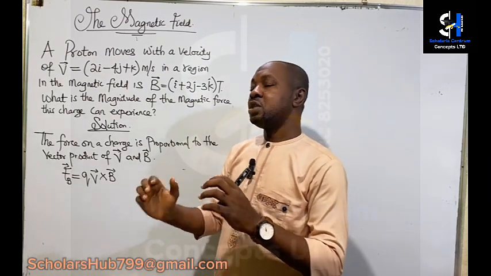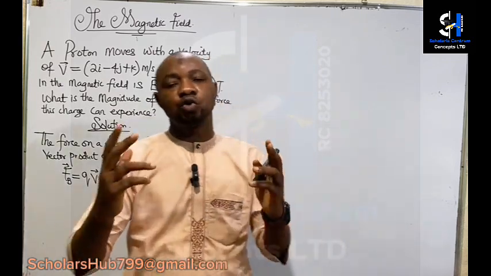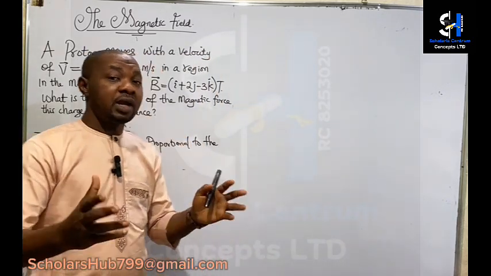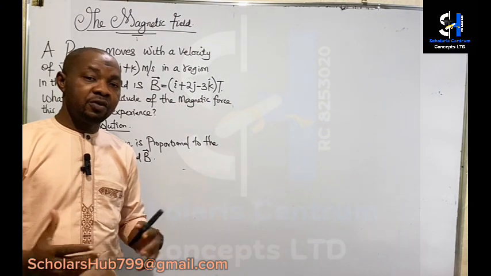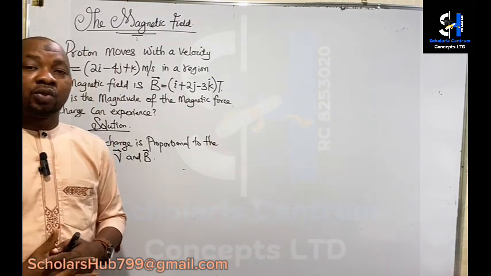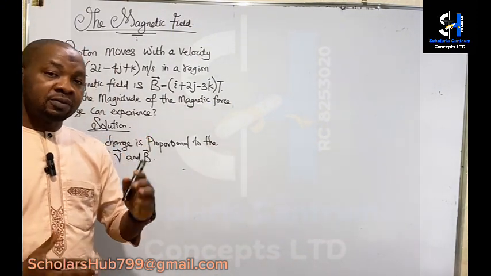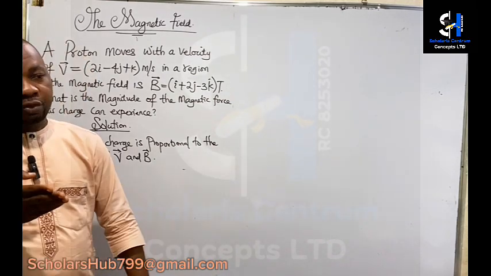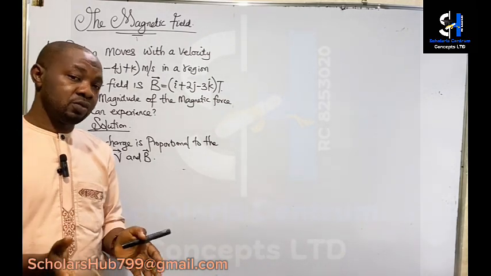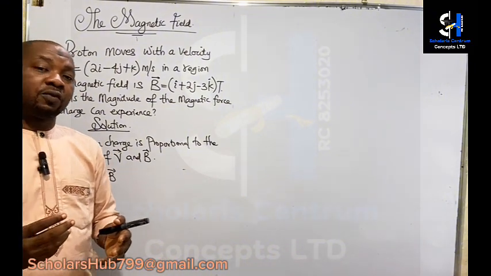There are two versions of the right hand rule. I used one in my previous video to explain the direction of force, the direction of magnetic field, which moves through the smallest angle, and also the direction of velocity.